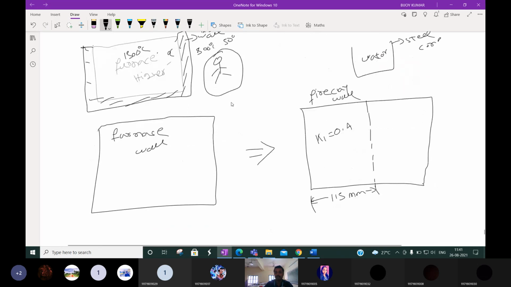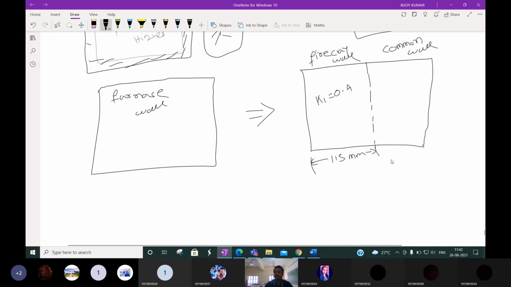Backed by means that after that wall, another wall is connected. That wall is the common wall, with a thickness of 230 mm, and its thermal conductivity K2 is given as 4.